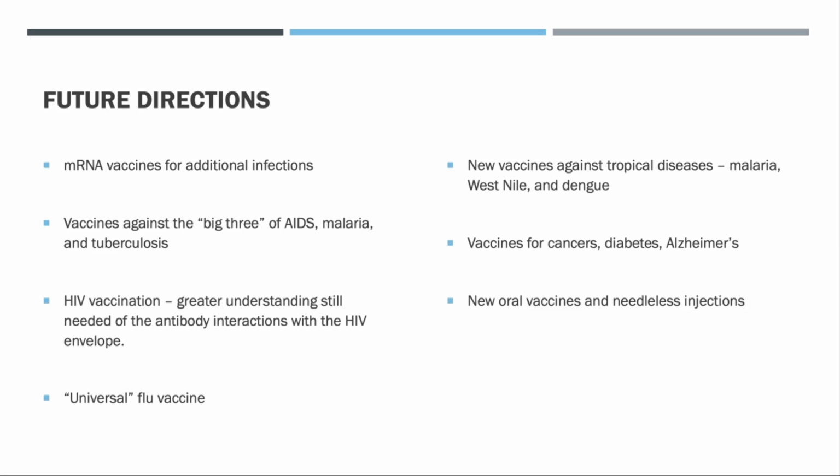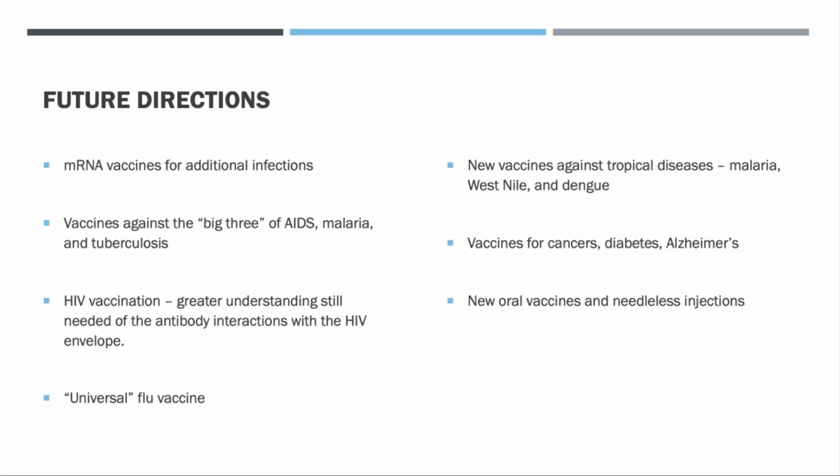Thinking about future directions, I think mRNA vaccines, of course, we're using them in COVID-19. There's likely to be a much broader use for this technology in vaccination in the future. And I think we can look forward to that application being used in other ways.